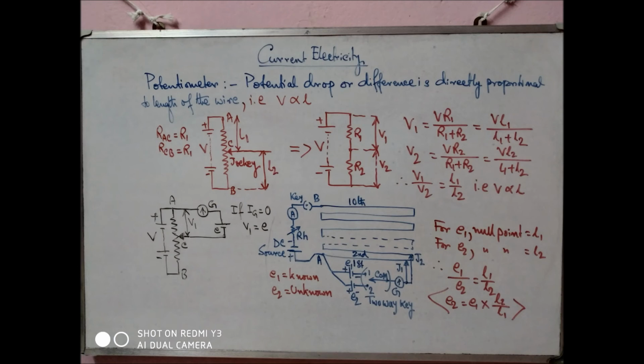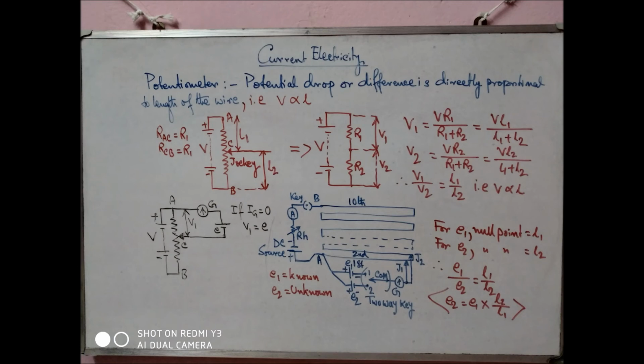Now suppose the jockey is at a particular position and suddenly we get that there is no deflection in the galvanometer. Where is the galvanometer connected? The galvanometer is connected between point A and the positive terminal of the cell, the unknown EMF. So suddenly we get no deflection in the galvanometer.